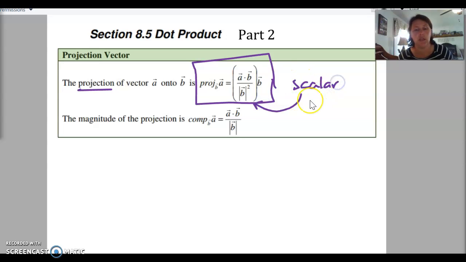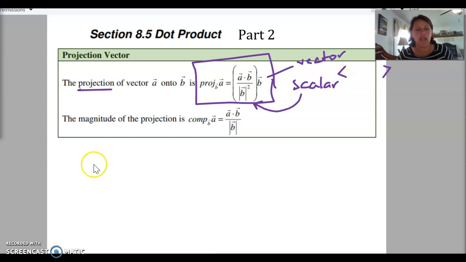Can be positive, negative, whatever it is. Then you multiply that number by the vector B, and that will give you your projection. Vector B is an actual vector, and your answer is going to be in vector form for a projection.